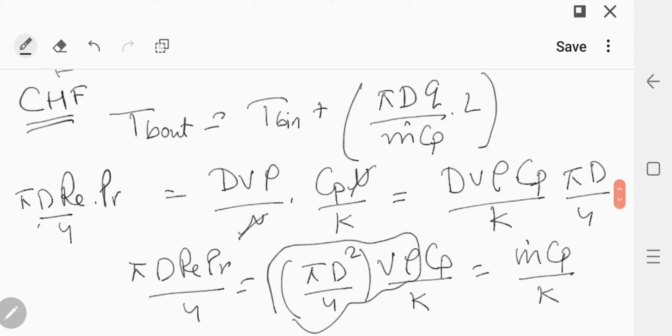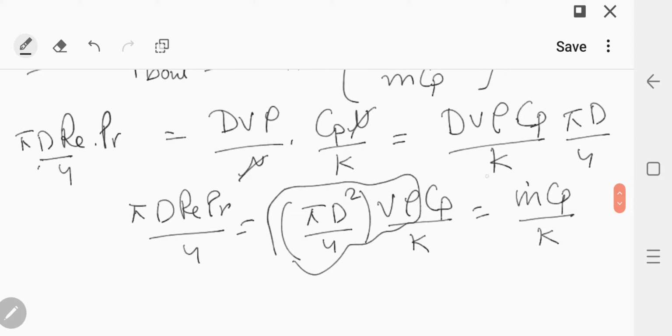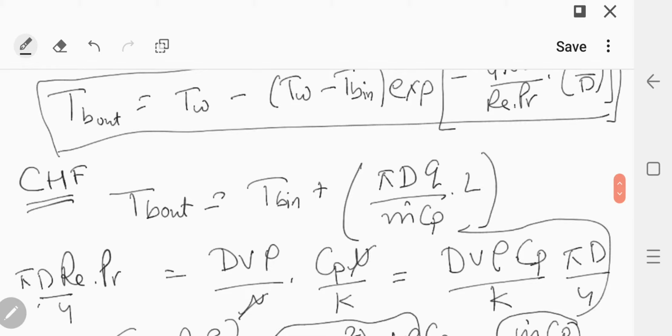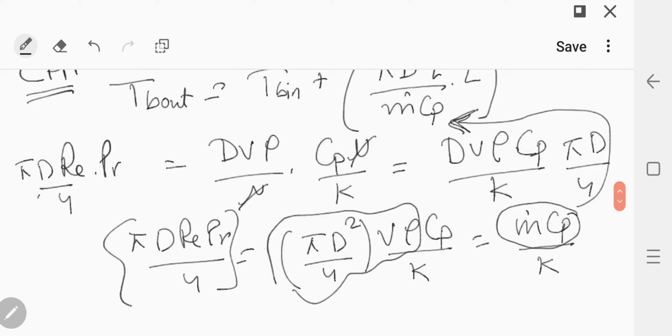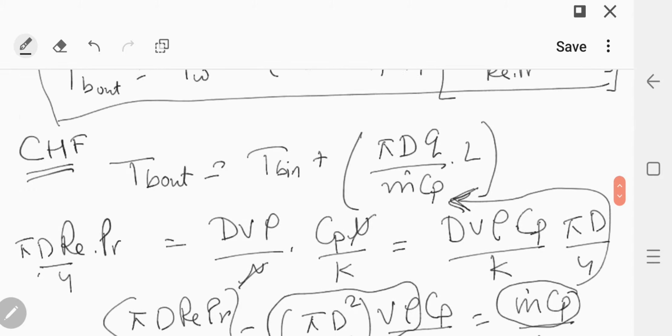Right. So find out m Cp in terms of Reynolds into Prandtl and then substitute back over here. Now what will be m Cp from here? m Cp will be pi d Re Pr by 4 into K. Substitute back in this expression.